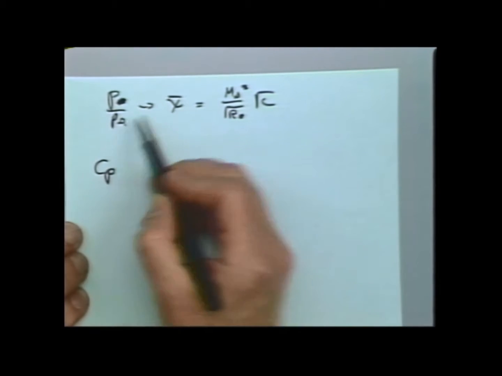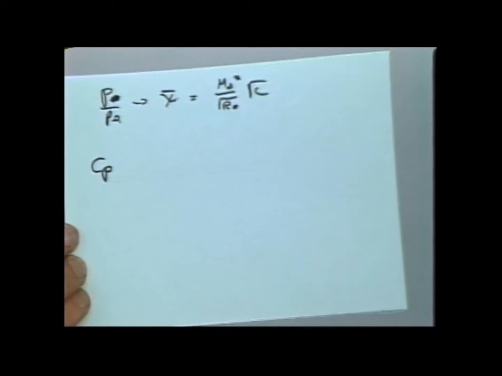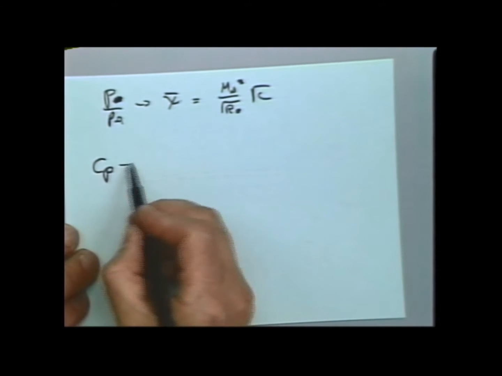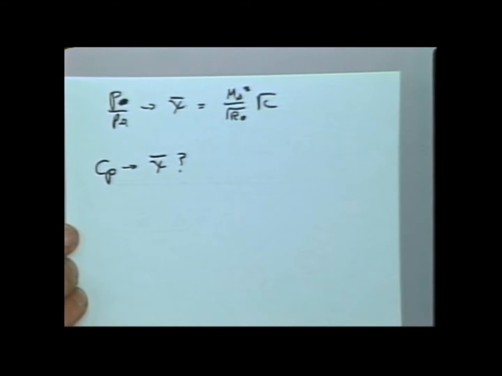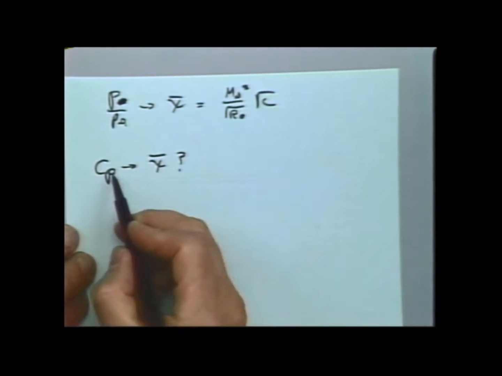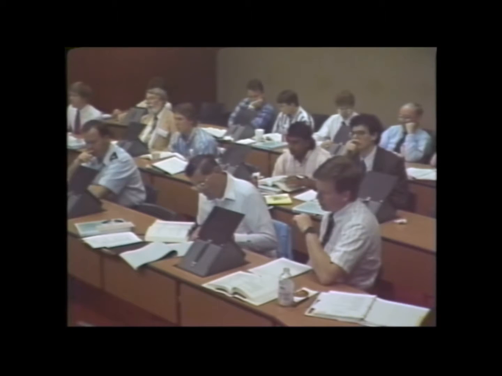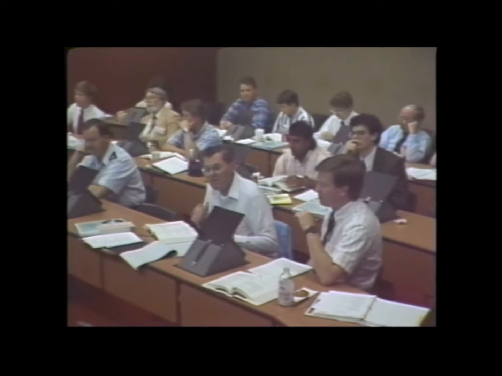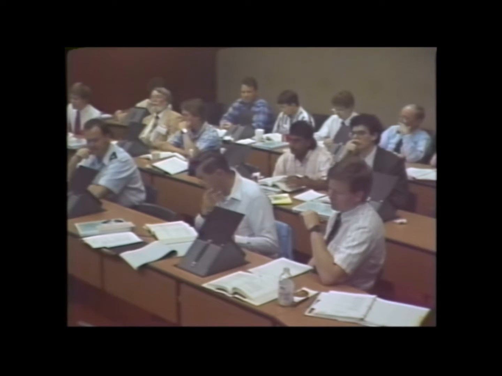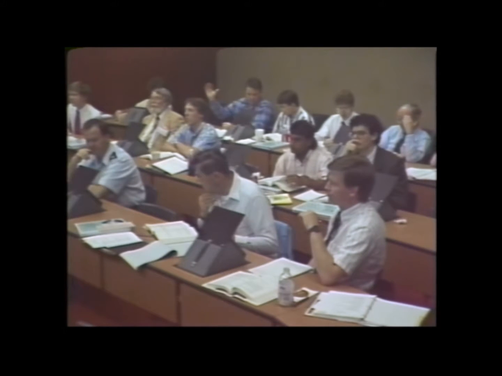If the pressure is correlated by chi-bar, wouldn't pressure coefficient be correlated by the same thing? How many people think yes? Would this pressure coefficient also be correlated by chi-bar? What do you think? Anybody want to vote? How many people feel the pressure coefficient ought to be correlated by chi-bar? Don't be bashful. Oh, 1, 2, 3, 4. Majority, looks like. How many people feel it's not correlated by chi-bar? 1.